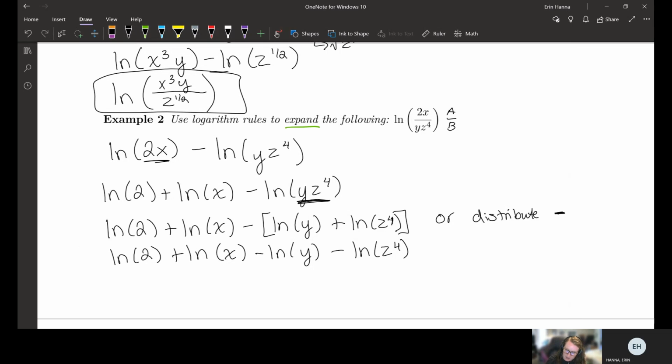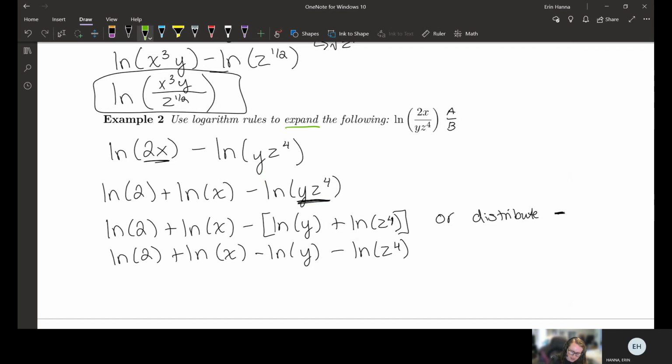But technically what's happening is we're breaking it up with addition, but we had to keep that negative associated with that entire piece. So even though the original piece of natural log of y z to the fourth got broken up, that entire piece that now becomes two pieces still has to all be under the negative, if that makes sense.